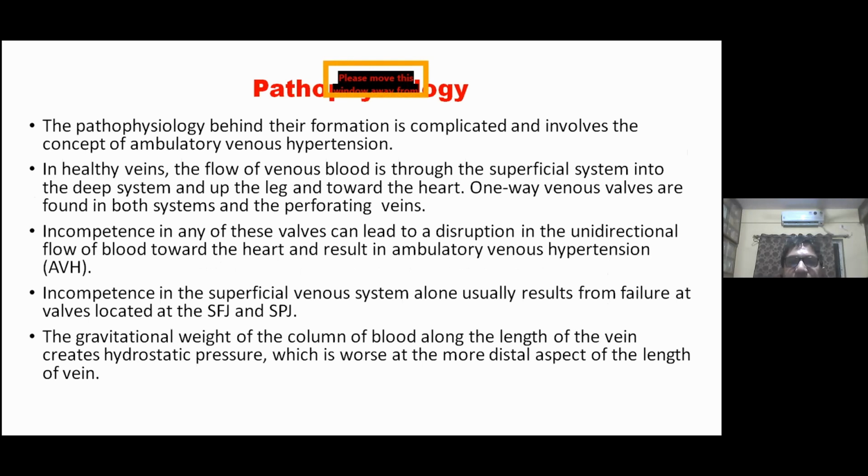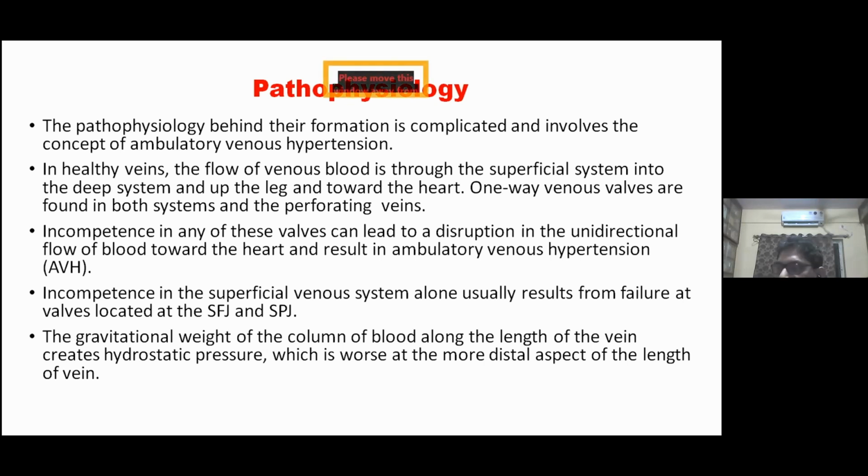In healthy veins, the flow of venous blood is through the superficial system to the deep system and up the leg towards the heart. One-way venous valves are found in both systems and the perforating veins. Incompetence in any of these valves can lead to disruption in unidirectional flow of blood towards the heart and result in ambulatory venous hypertension.